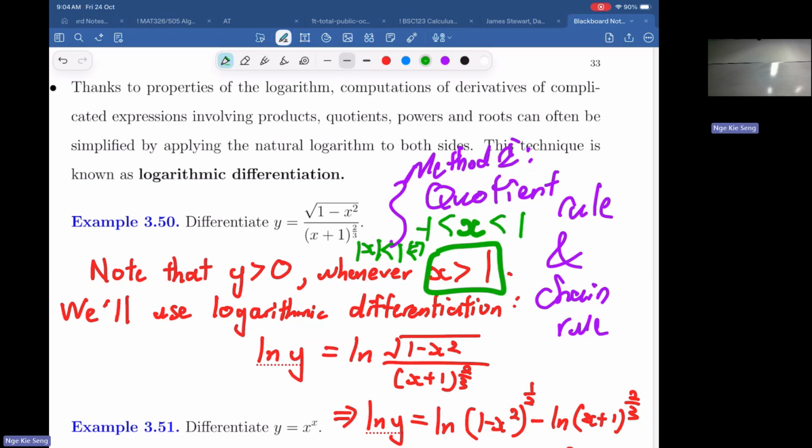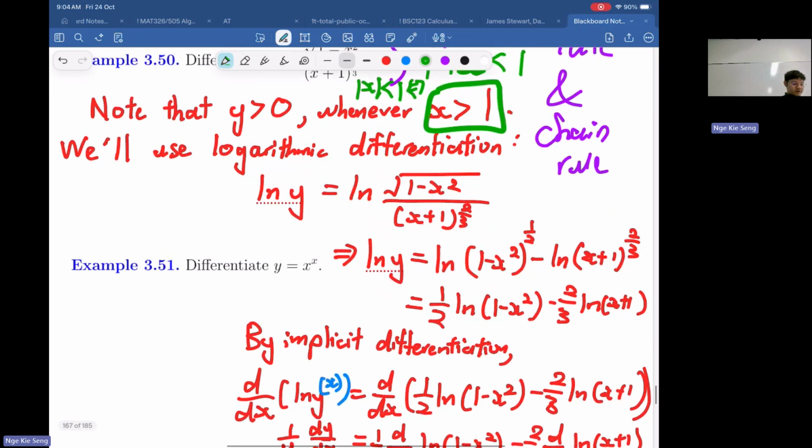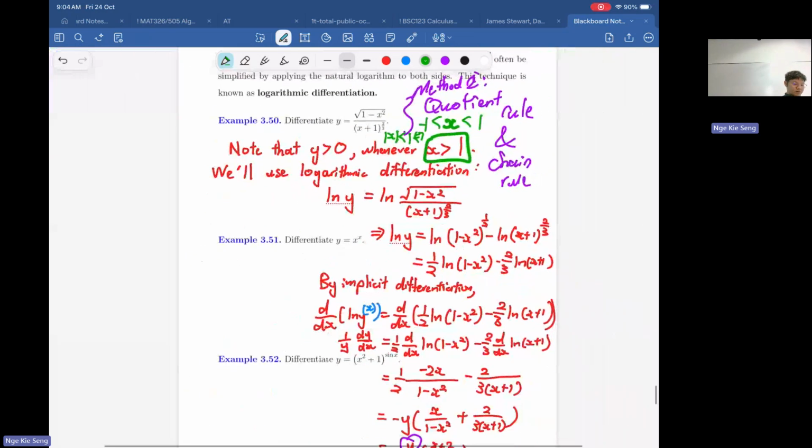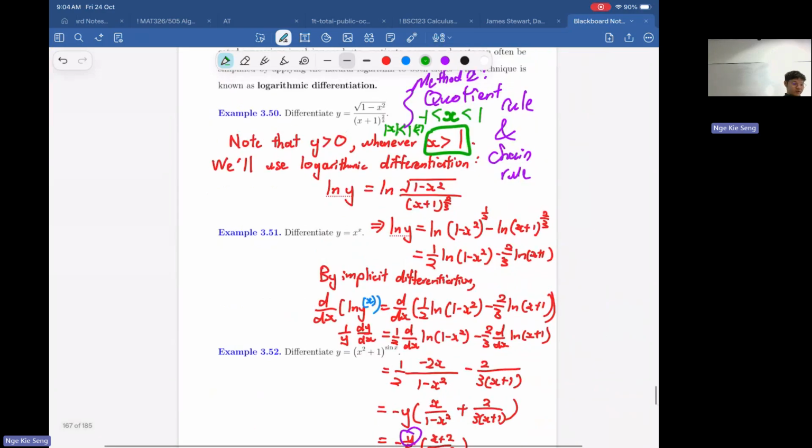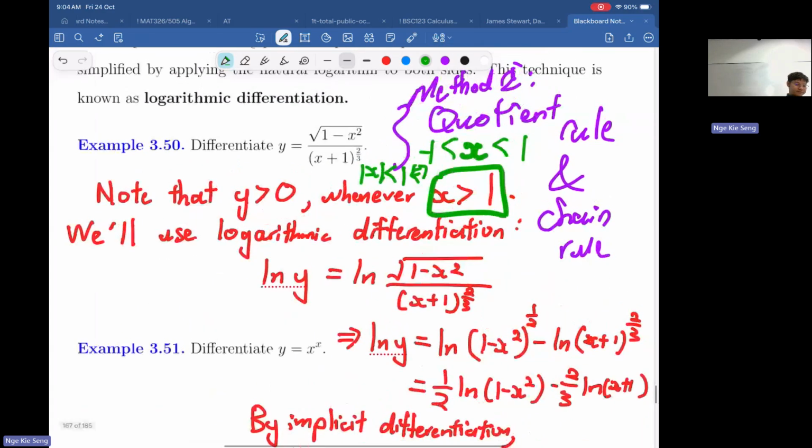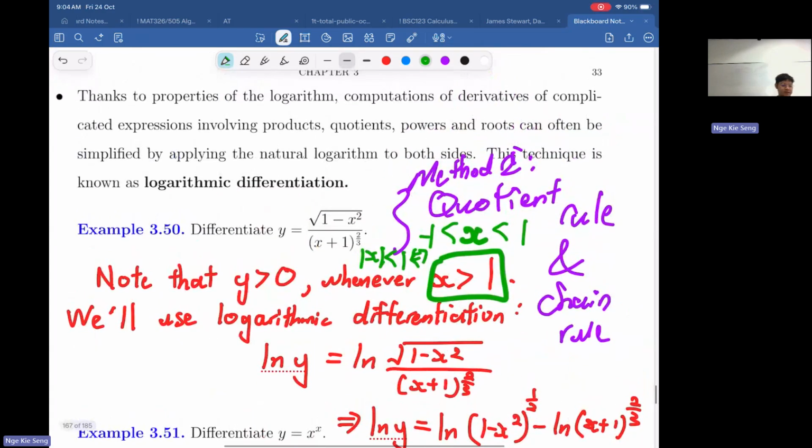Okay, but you cannot use logarithmic differentiation to prove dy/dx there. But you can use the limit way. If you are brave enough, you can use the limit way and then see that the derivative at those points should be the same as the formula you get here. Anyone try this old way here?